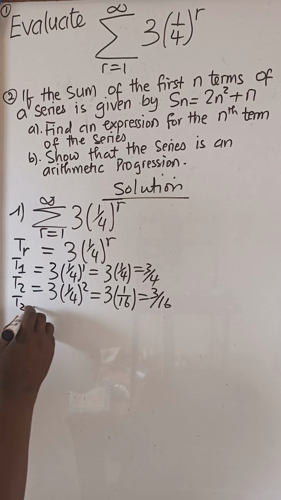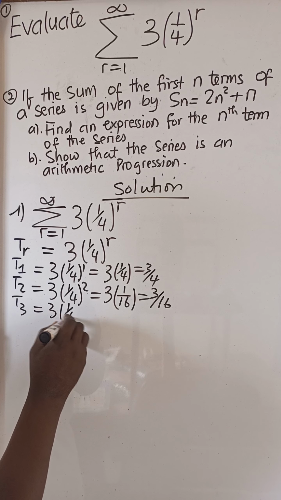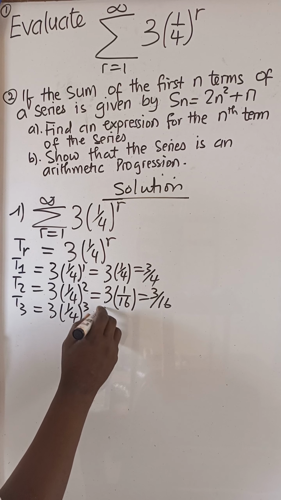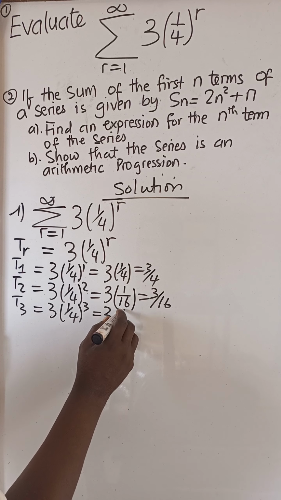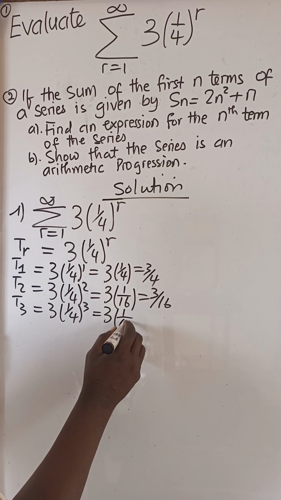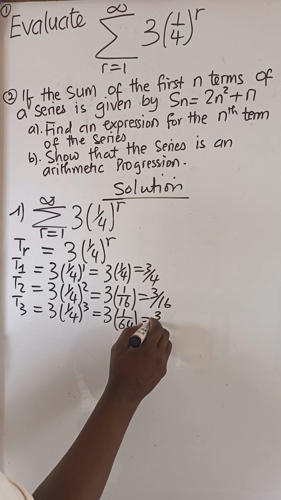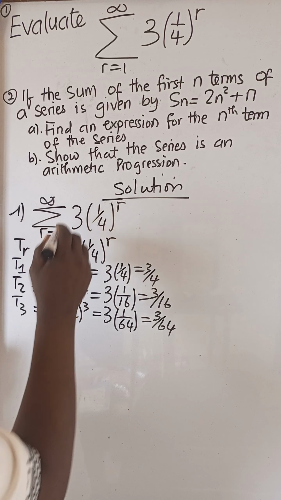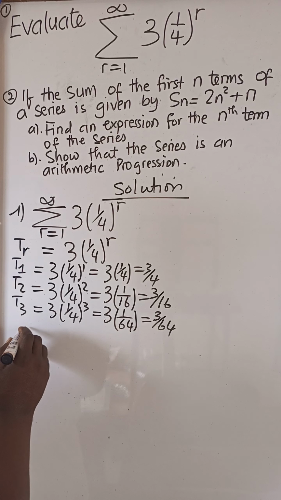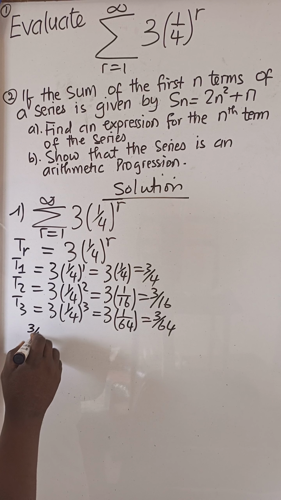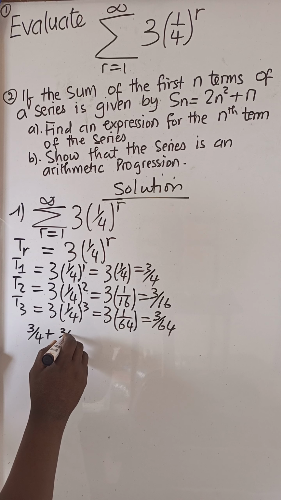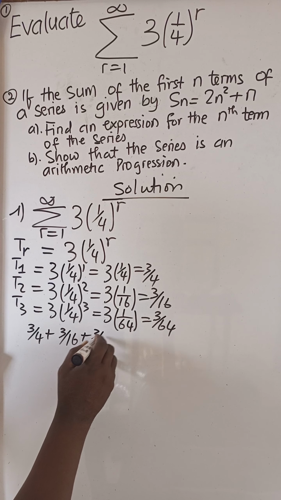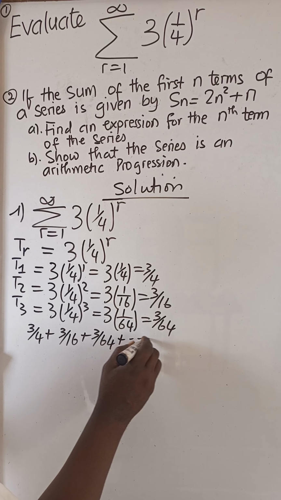The third term is when r is 3. And so we have here 3 into 1 cubed is 1, 4 cubed is 64. That gives us 3 over 64. And so this series can be written as 3 quarters plus 3 over 16 plus 3 over 64 plus and so on.